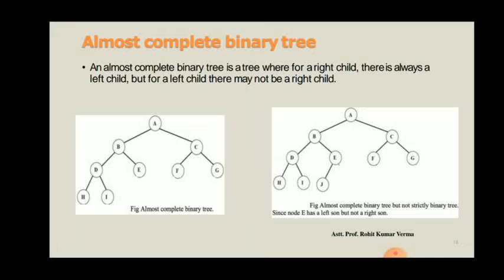So E is the right child of B, and for E there is a left child, which is J. But for a left child there may not be a right child. Is this clear? Yes or no? So this is our almost complete binary tree.